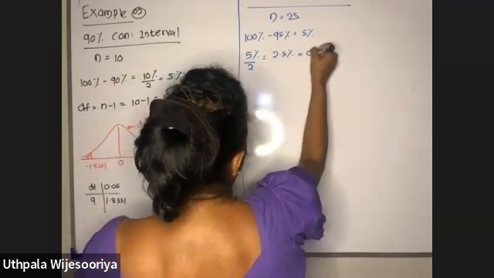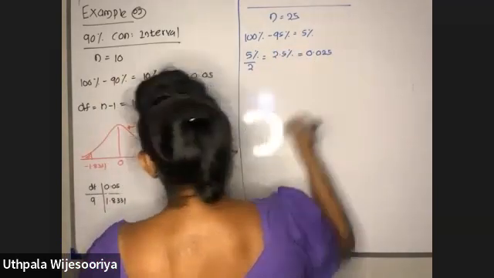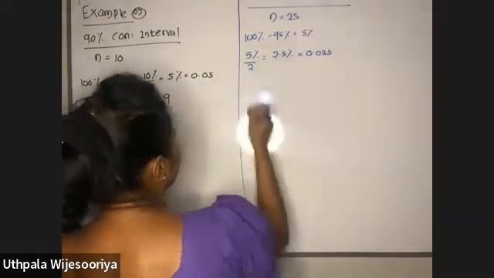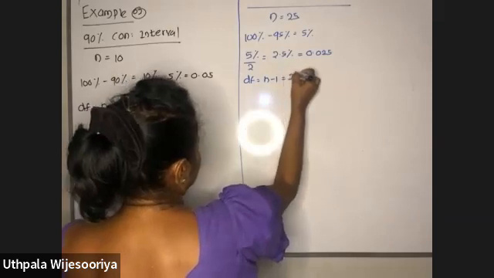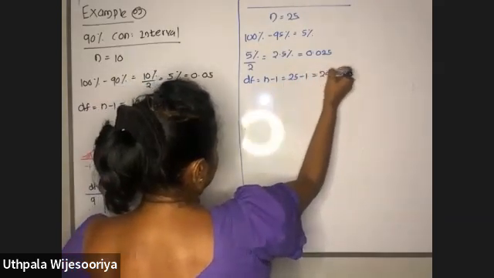As a decimal, that is 0.025. What is your degree of freedom? n minus 1, 25 minus 1, that is 24.